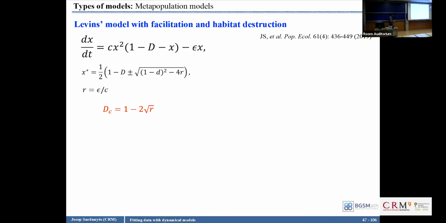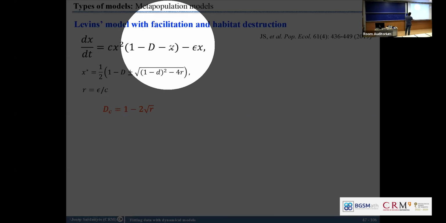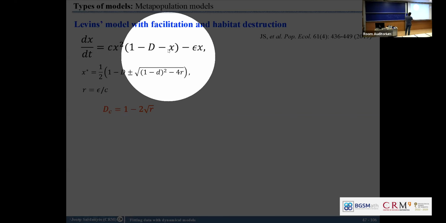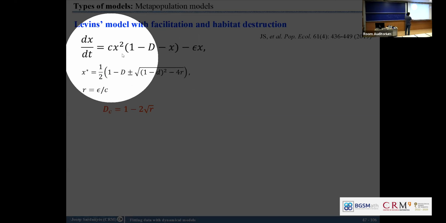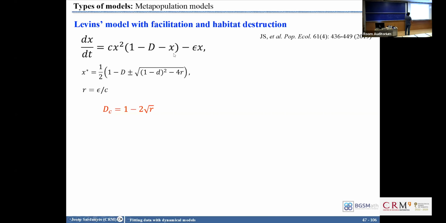But anyway, here we also included the logistic function, which is mainly that the population, due to competition, is affecting the growth rate. This is why we're multiplying by minus x. So this is the effect of competition between the individuals, let's say.